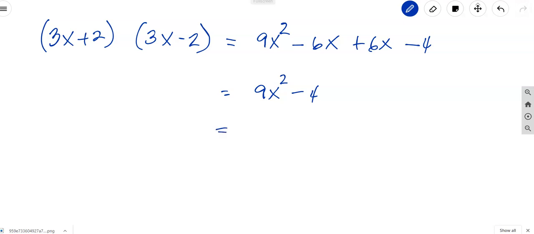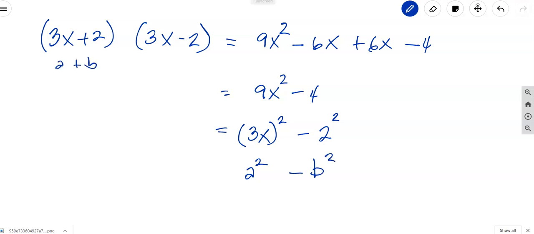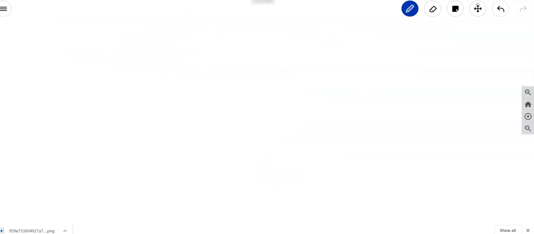And then we can form this into 3x squared minus 2 squared, in the form again of a squared minus b squared. And then we can have a plus b, a minus b. So therefore, when you're going to multiply a binomial, we're going to use only the FOIL method.